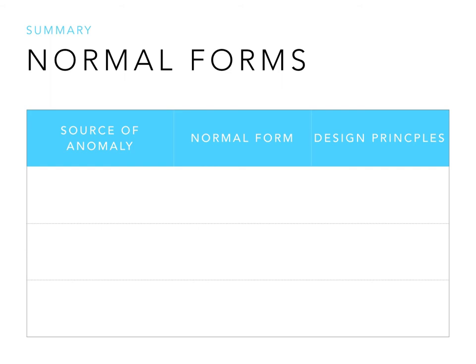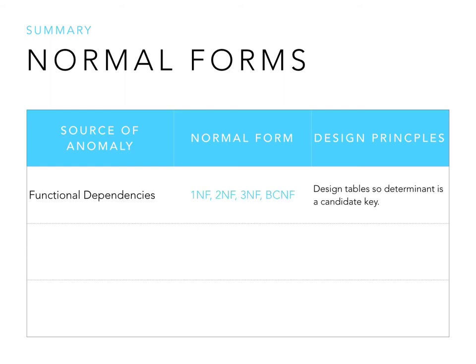Okay, the author has this nice table to explain what the different forms solve and the principles that we follow to implement each normal form. So the first source of anomalies are functional dependencies, which we've been talking about. The normal forms 1, 2, 3, and BCNF, which we'll talk about more in just a bit, are normal forms that address functional dependencies and remove functional dependencies from the database design.